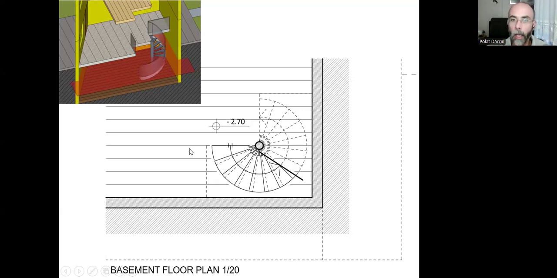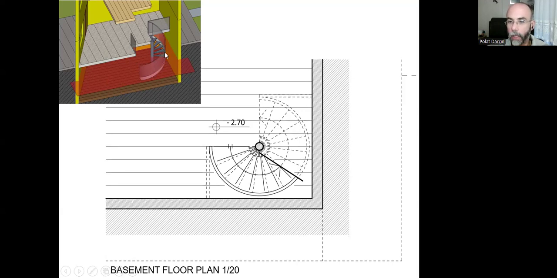Let's add some guardrails and handrails. As you can see, it's being cut. So since that level, I see the upper surface of the handrail. This symbolization includes the cut surface of the handrail, and the rest is above my head now.